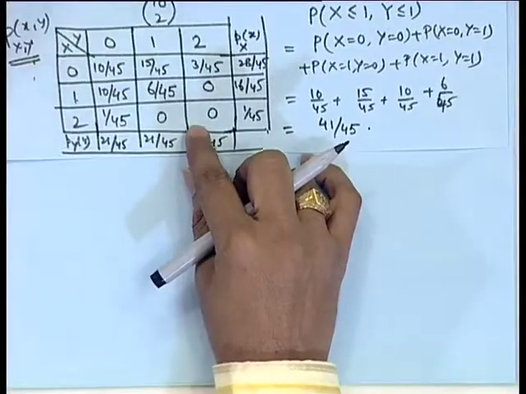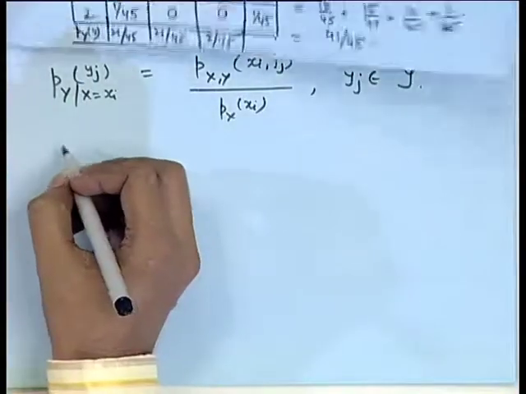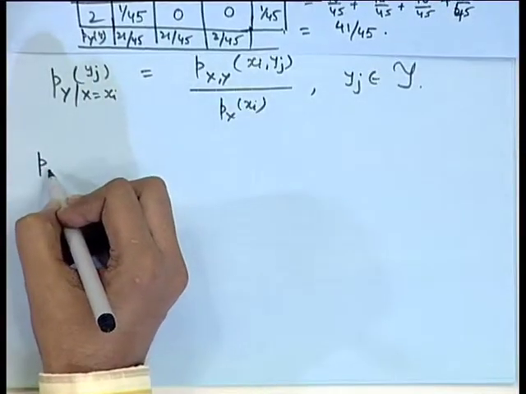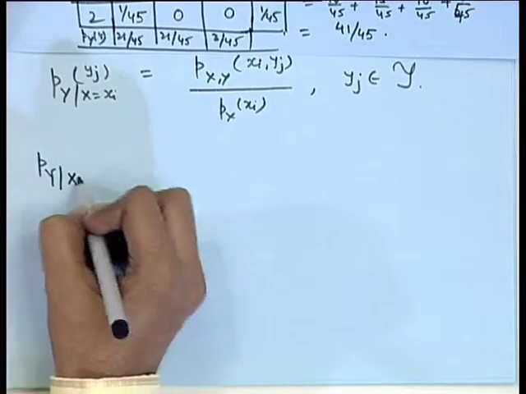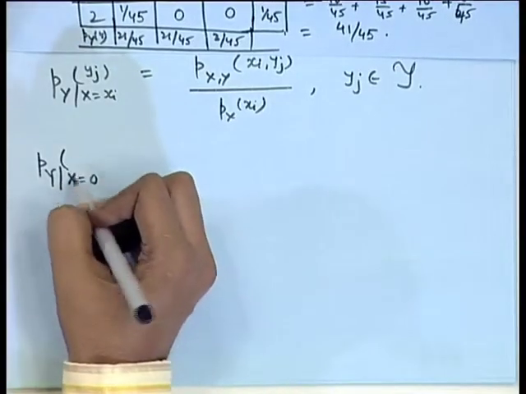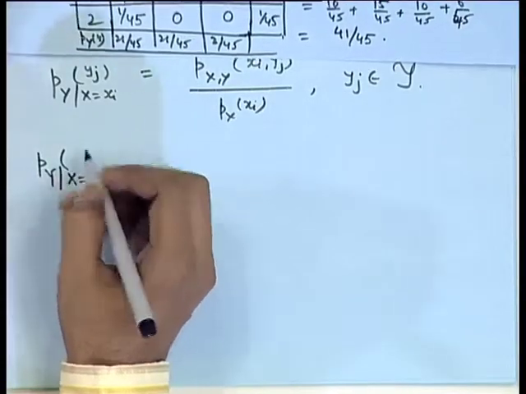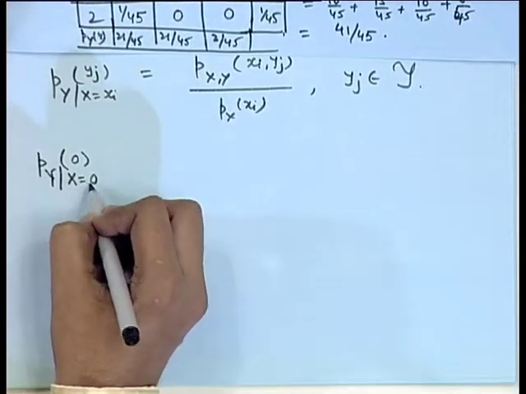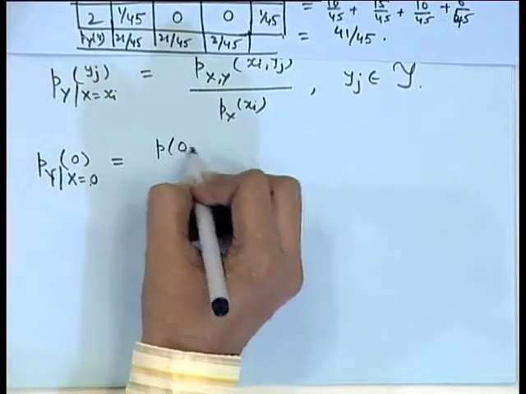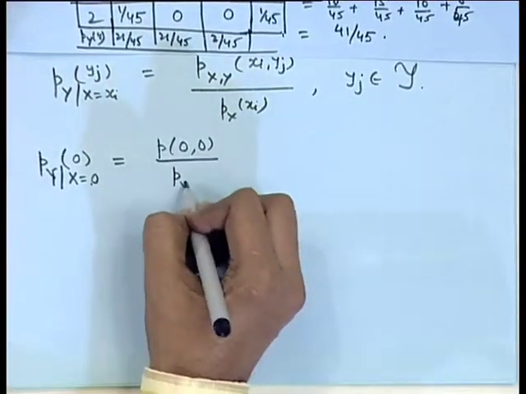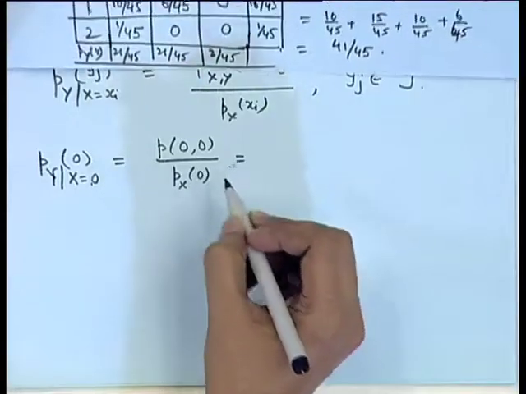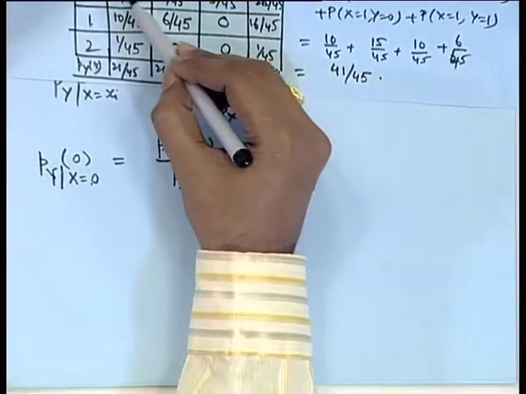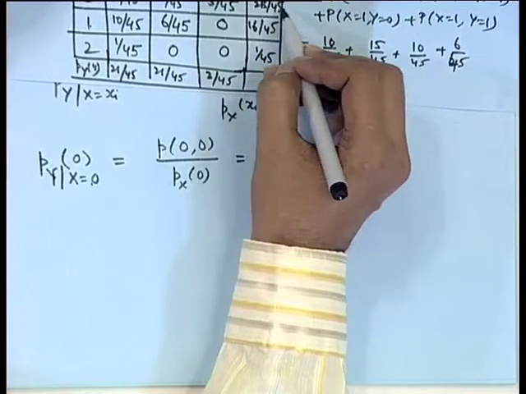So, in this given problem, let us look at the conditional distribution, say probability of y given x is equal to 0. The values of y are 0, 1 and 2. What is the probability that y is equal to 0 given x equal to 0? It is p 0 0 divided by p x 0. Now, p 0 0 is 10 by 45 and p x 0 is 28 by 45.